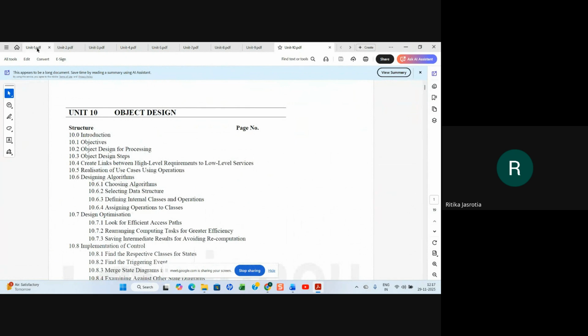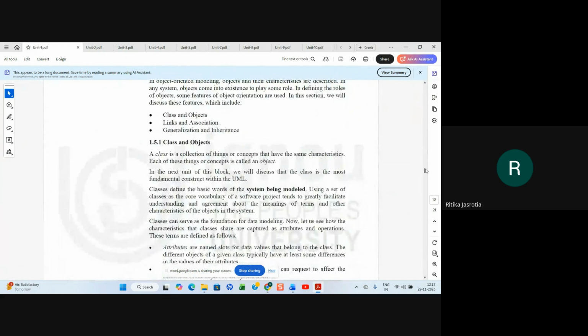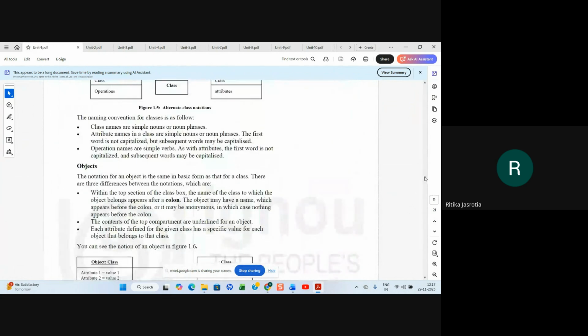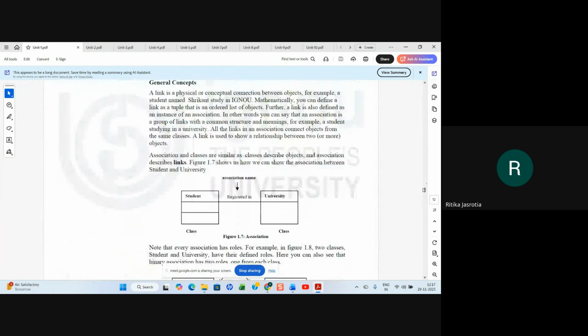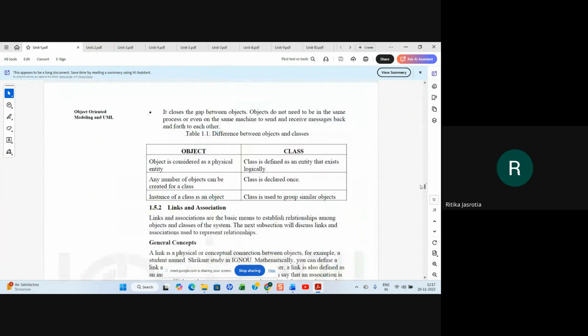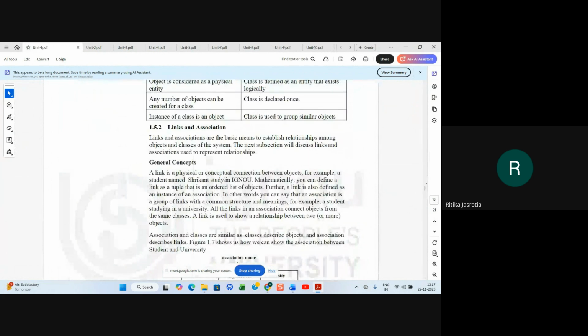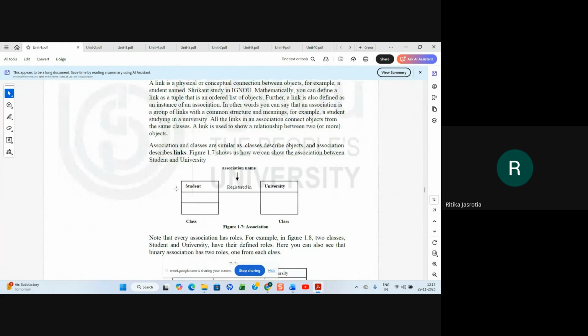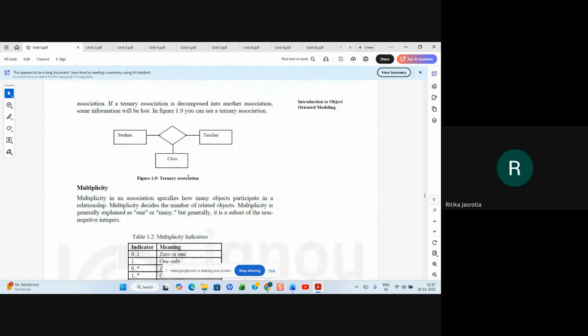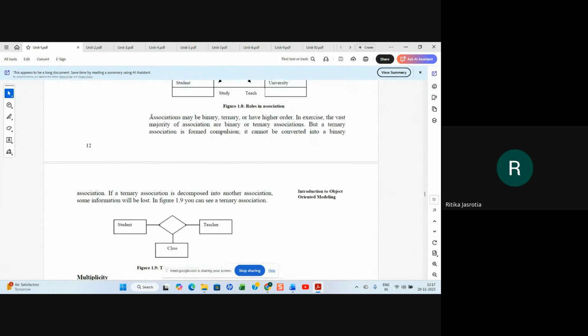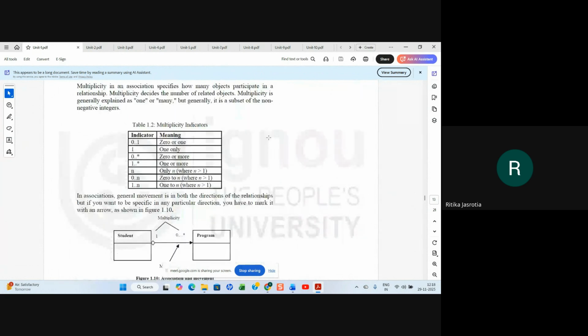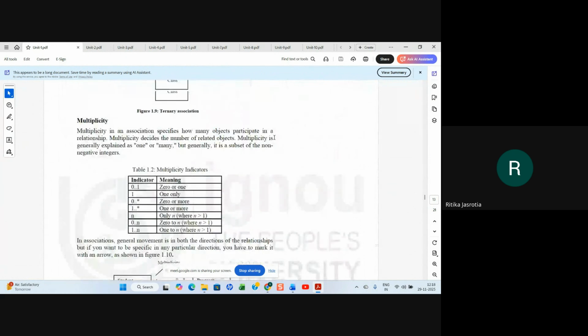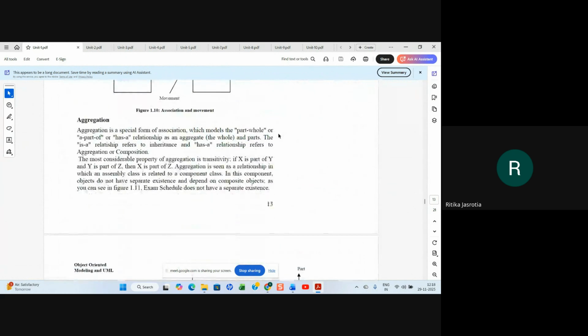Here they are saying association may be binary, ternary, or have higher order. Aggregation is one kind of association.